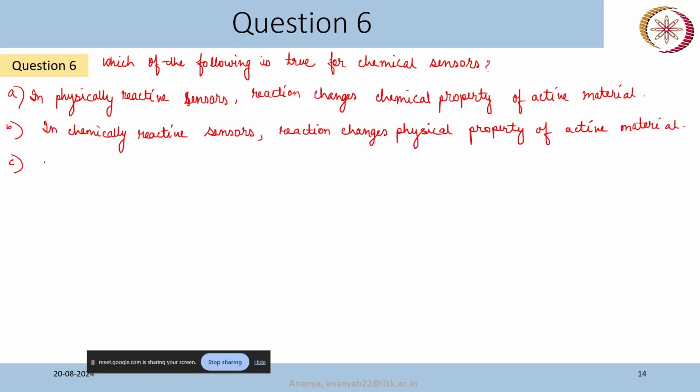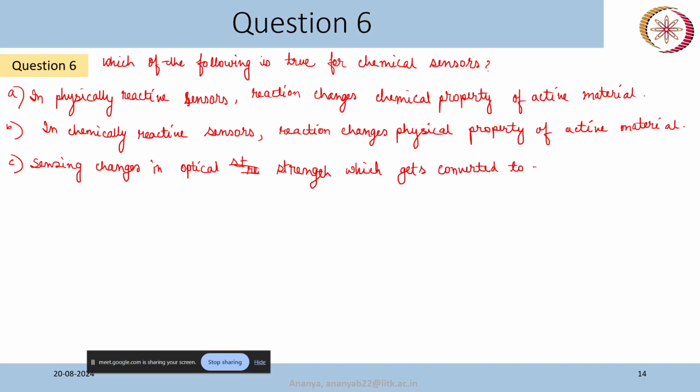Option C is, sensing changes in optical strength, basically the output of a sensor is, if optical, which gets converted to electrical signal.